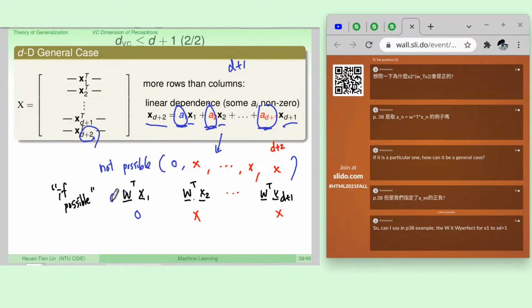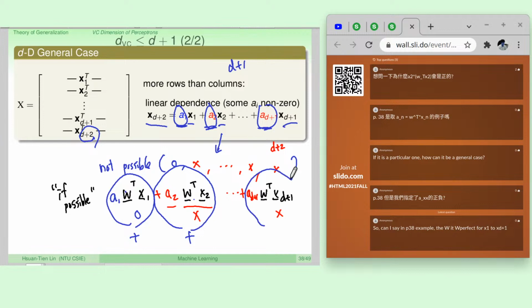I can construct a1 W transpose x1 plus a2 W transpose x2 and so on, plus a_{d+1}, and then I get a positive term, because it will be a negative multiplied by a negative: W transpose x2 multiplied by a negative value a2 gives me a positive term, and so on.